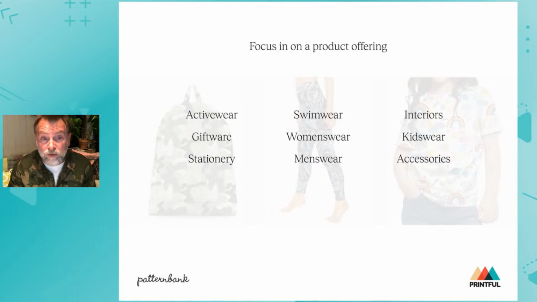So I wouldn't do everything for your brand. I would focus on the brand's DNA, then work out what product offering you want to go for, and stick with one product area to start off with.